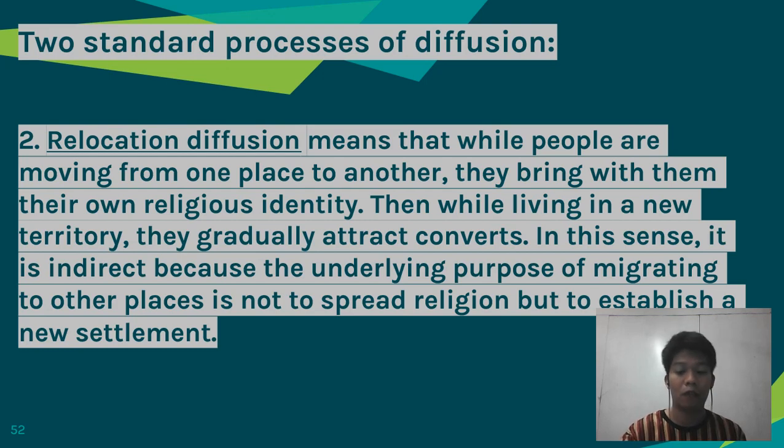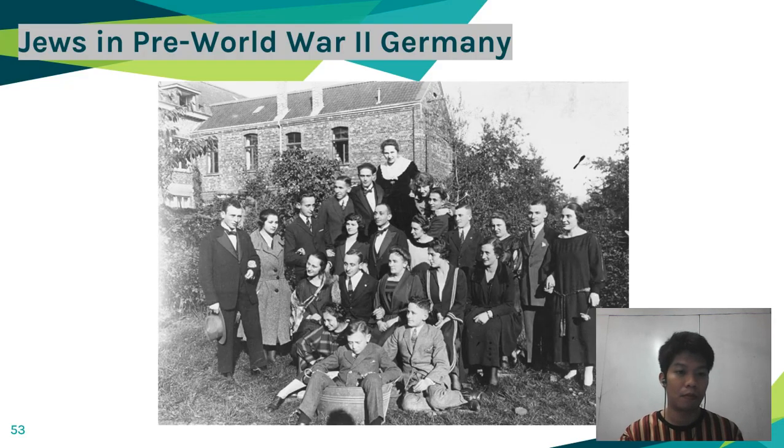That's relocation diffusion. For example, the Jews in pre-World War II Germany, because the Jewish people were spread out many times. They spread out around the world. They brought their religion, their traditions, their practices to the place where they relocated, for example, in Germany before World War II.